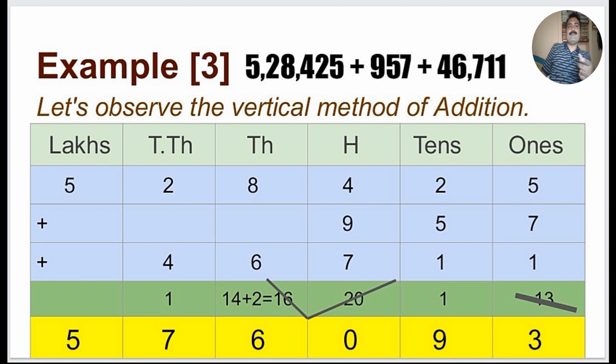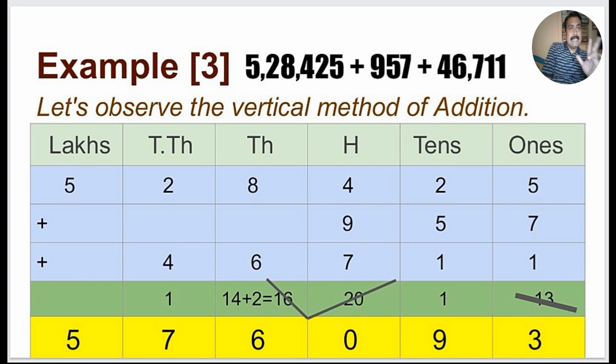Now it is important again to arrange the third number in the same proper way. Oppositely, 1 we write below 7 in the ones column, next one we arrange in the tens column below 5, next digit 7 we arrange in the 100 column, that is below 9.